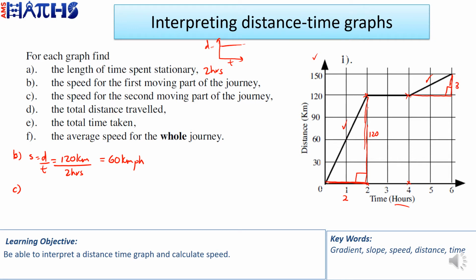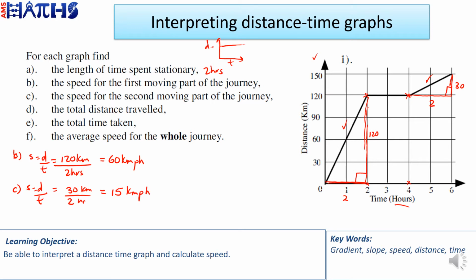It's 30 kilometers, going from 120 to 150, and then the time for that is 2 hours, as we're going from 4 hours to 6 hours. So the speed, which is distance divided by time, would be 30 divided by 2, kilometers and hours in the respective places. 30 divided by 2 is 15, and we'll get the units to be kilometers per hour.